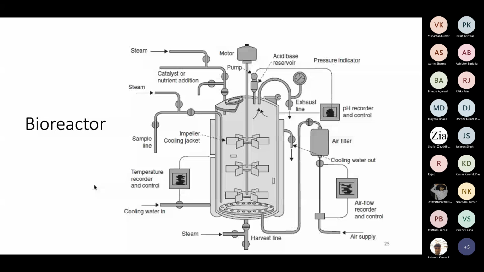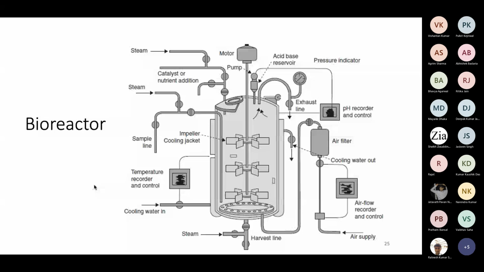So you just inject a certain amount of steam inside, and at high temperature, at elevated pressure, you maintain the reactor at 121 degrees centigrade, at 15 psi, for 20 minutes. After doing this sterilization operation, you get some confidence that the biomass concentration or impurity concentration inside the system is negligible or almost zero.